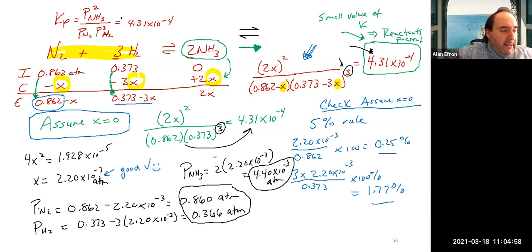There is another way that sometimes people will solve these types of problems, but we're not going to ever do that in this class, and that is what's sometimes referred to as successive approximation. Successive approximation basically means that, for example, in this situation, the x value has got to be less than this number. So you put an x value in there that's less than that, and then you solve for x.